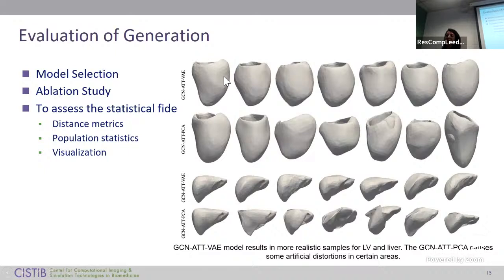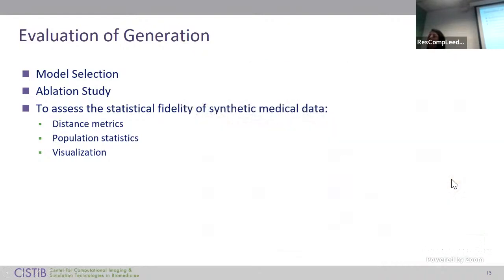And here, yeah, it's the last one. Here is some visualization of synthetic samples for GCN attention VAE and PCA. You can see that the samples in the first row and the third one are more realistic.